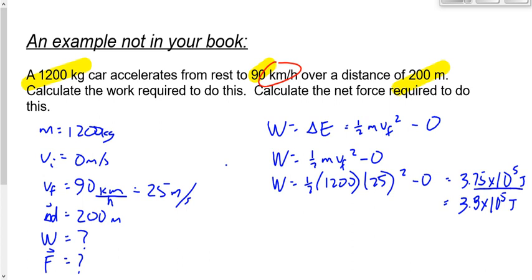Why was it good to write down the unrounded number, though, the 375? In case I need that for the next part of the question, which is what's the force, right? Okay, how am I going to find the force now? Don't make this one harder than it has to be.